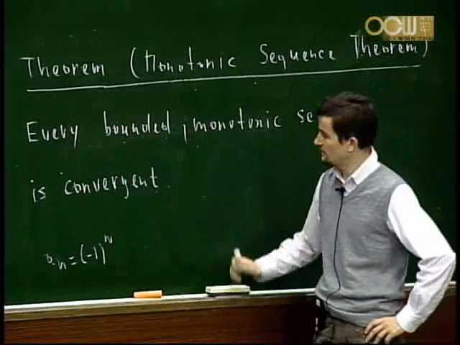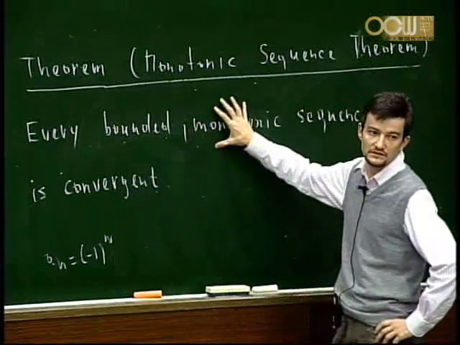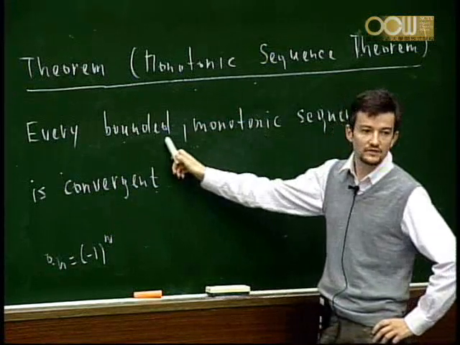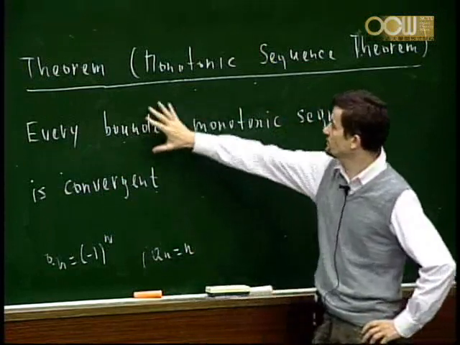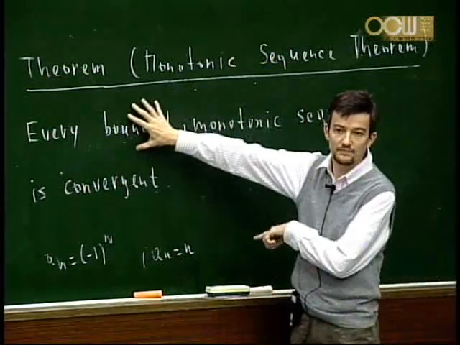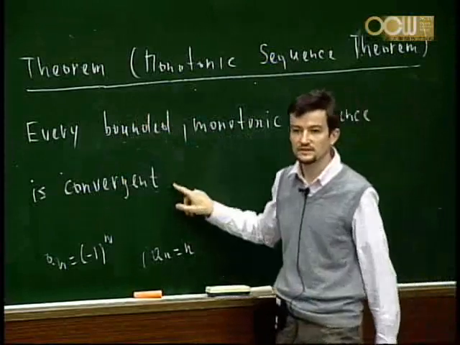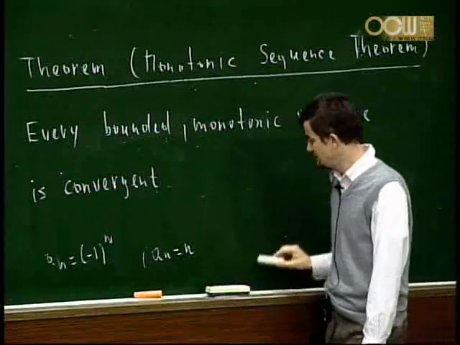So this is a counterexample showing that I am not allowed to drop monotonicity. And of course I am not allowed to drop boundedness as well, because we saw already an example, this one. If I drop this one, then the result is wrong as well, because this sequence is monotonic, but not convergent.